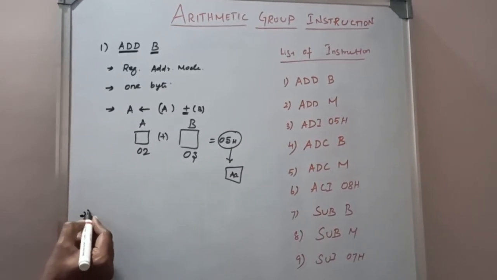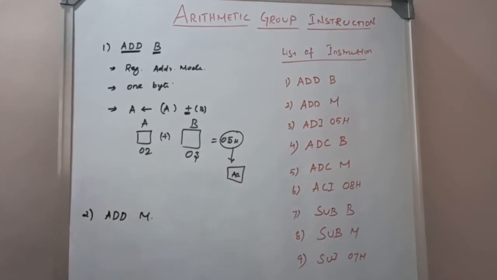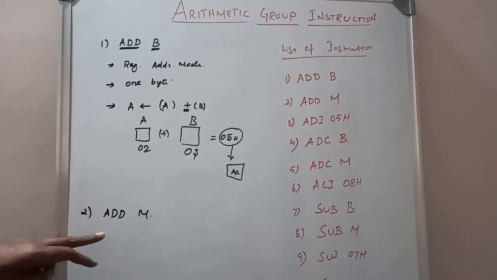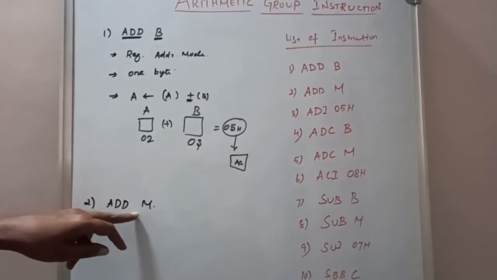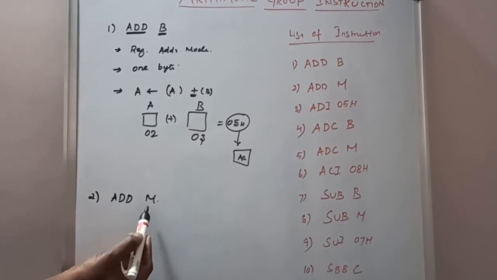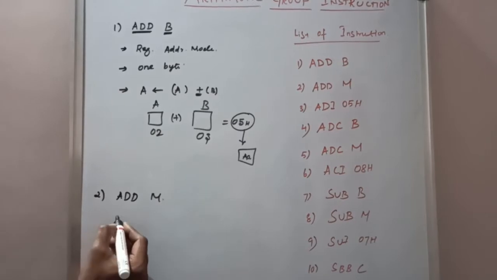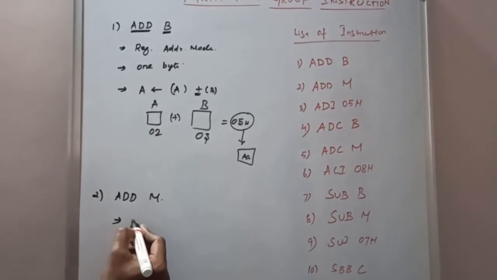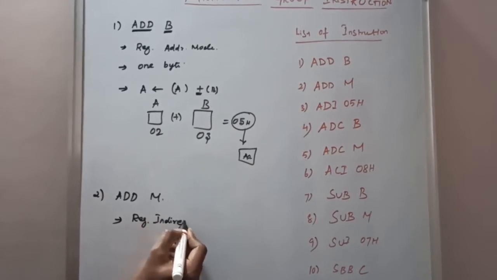Second one, ADD M. Here it performs the same addition function, but here M represents the memory location. We get the data from the memory location, and that data is added with the accumulator register. The type of addressing mode is register indirect.